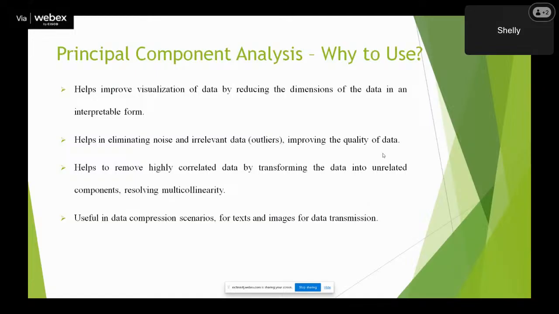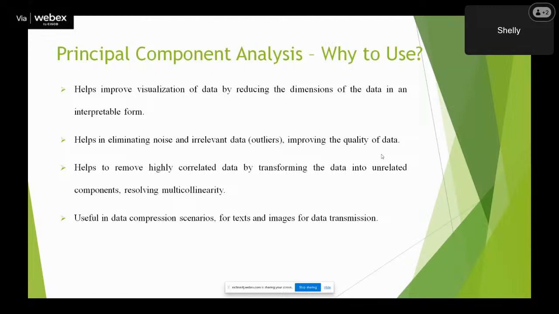Now, why do we use principal component analysis? We use it to improve the visualization of data by reducing the dimensions, moving from a higher dimensionality towards a lower dimensionality, so that it is in an interpretable form, right? And to reduce the bias of the answers that we are getting in our output.